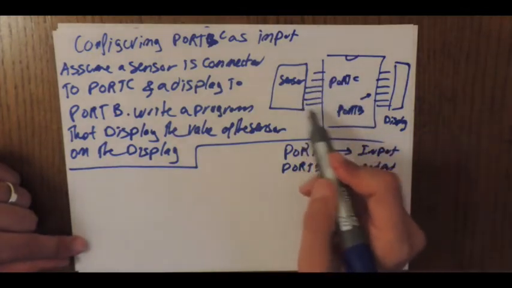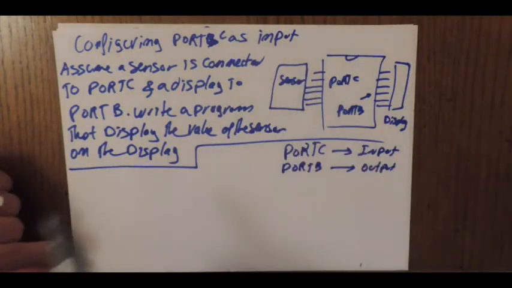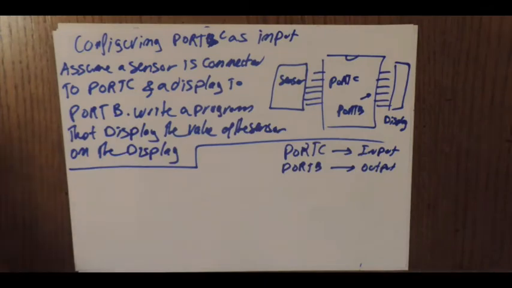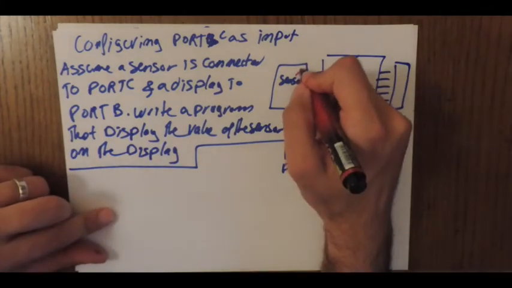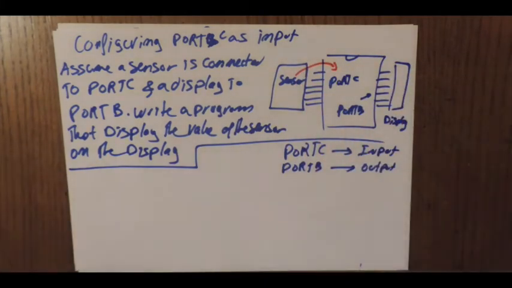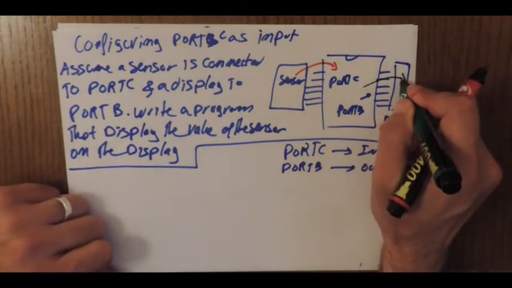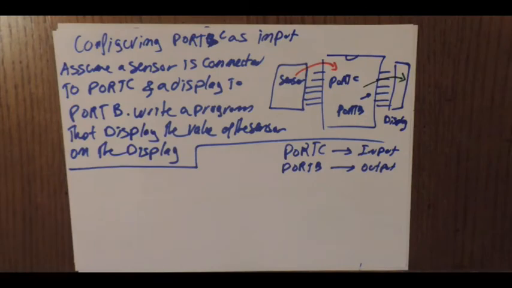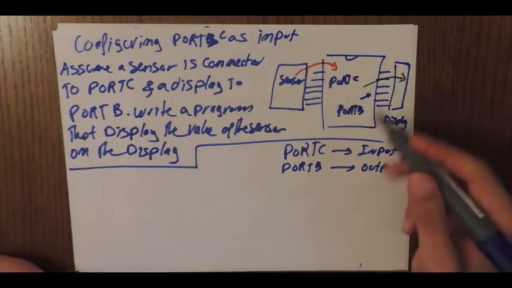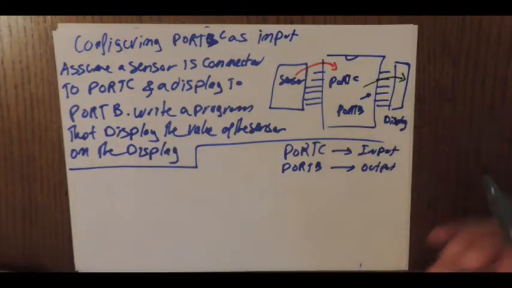And for port C, I'm inputting data from the sensor. So data is coming from this place, and then I want data to go out from port B. Okay, so in this case, first I need to configure the outputs and inputs.